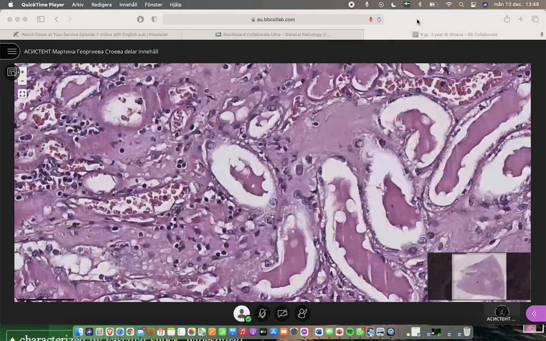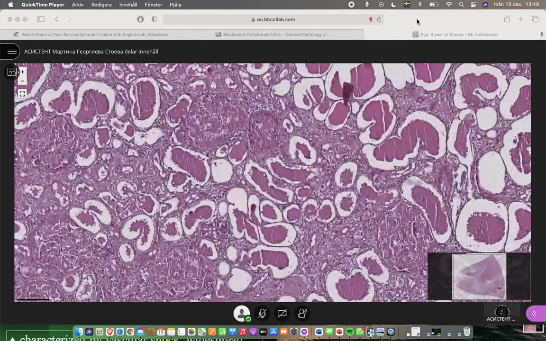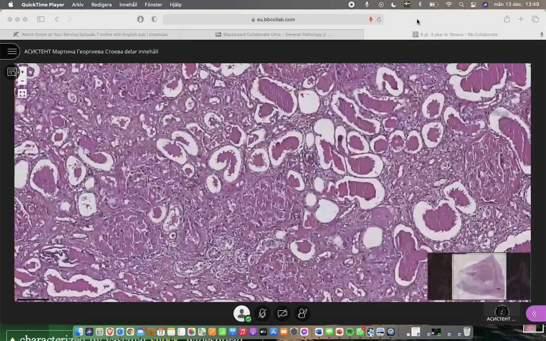If you are not asked, just don't mention the tubular changes, because the main pathologic process here on the slide is the amyloidosis of the glomeruli, affecting the glomeruli. Questions?